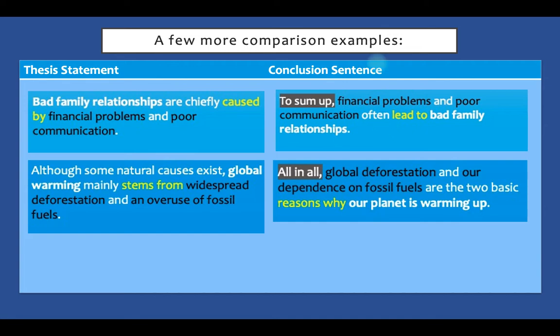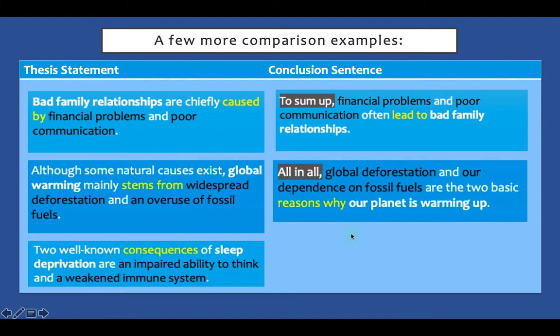So you can see here that these first two had a lot more vocabulary that was similar, and these two have more variety in the vocabulary that is used, but they are saying the same thing. Instead of widespread deforestation, we said global deforestation. Instead of overuse of fossil fuels, we said our dependence on fossil fuels. And instead of saying global warming, we say our planet is warming up.